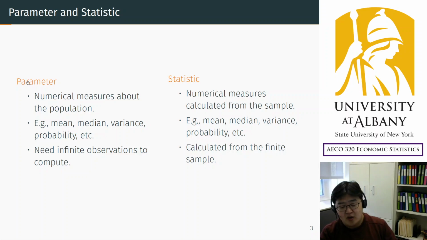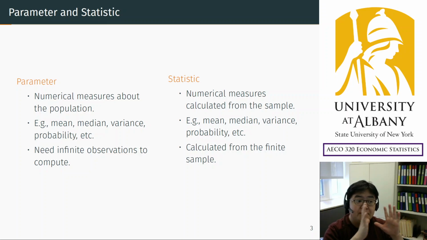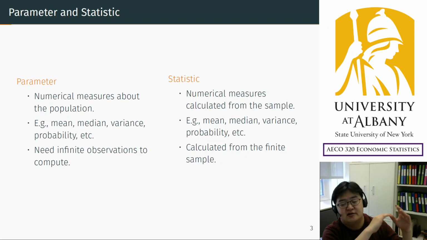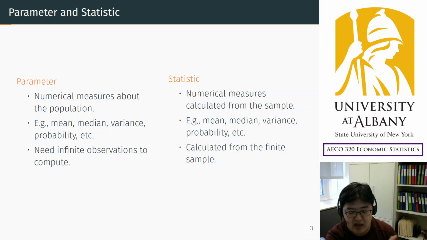When we studied the binomial distribution or the normal distribution, the parameters meant that if you know the parameters, then you know everything. It's a summary of everything without any loss of information, right? At that time, parameter meant that.